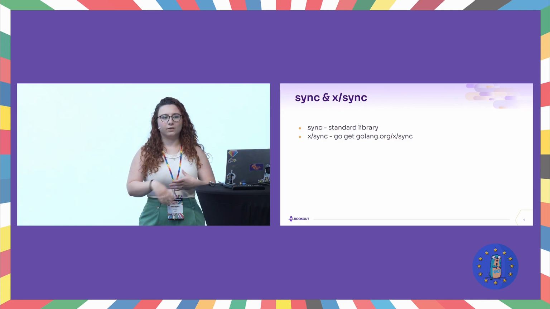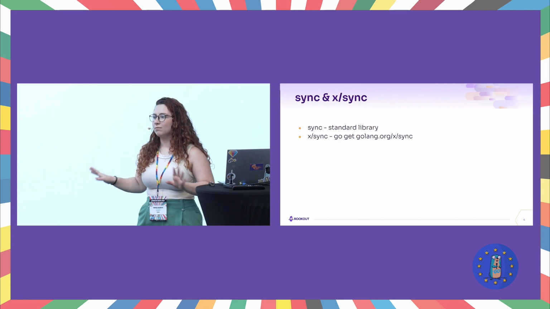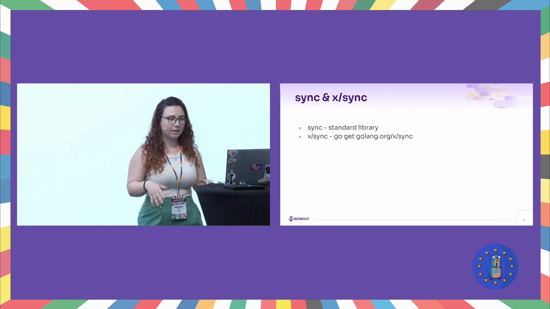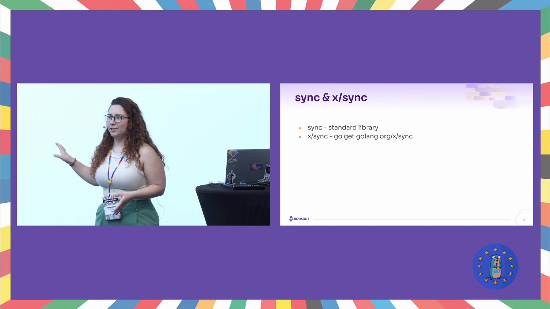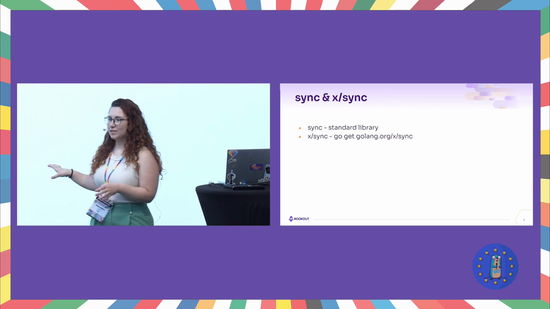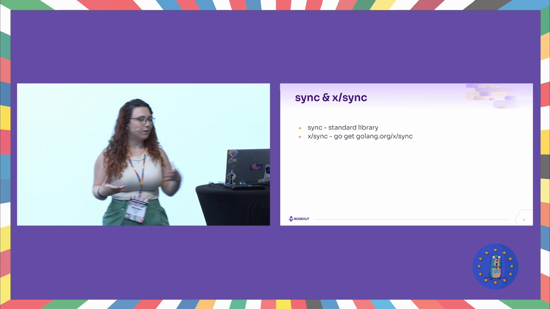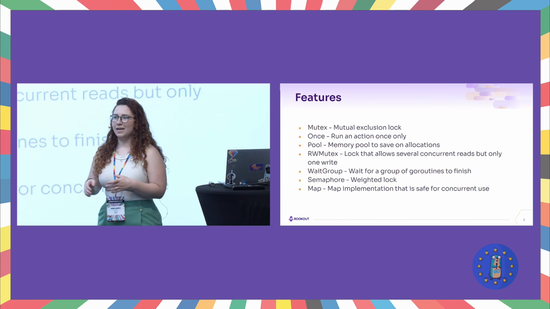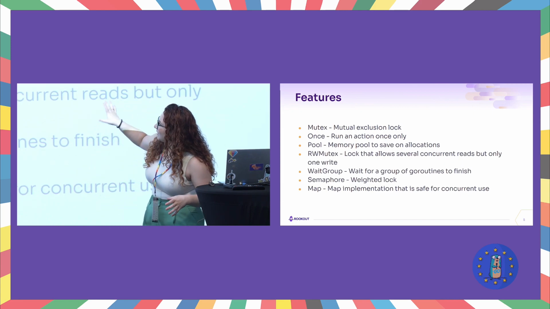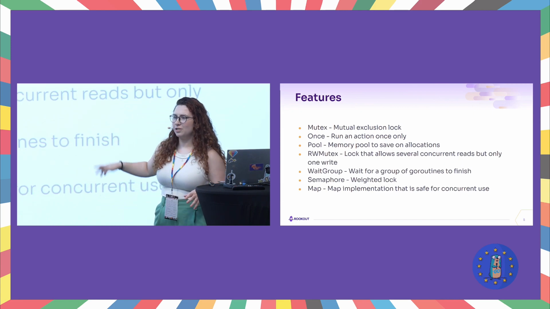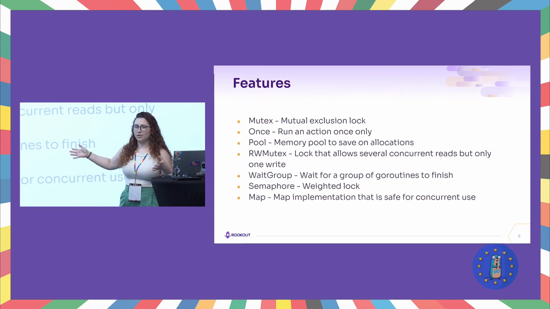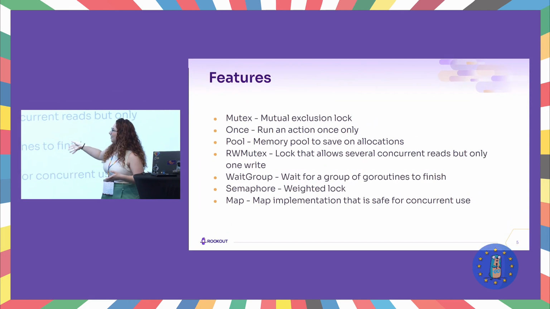But except for that, they're maintained, they're stable, almost the same as the standard library itself. And I was really interested in these packages. They have a lot of features, and some are more well-known, and some a little less. This is a partial list of the features we're going to talk about. So if you know all the features from this list, that's impressive.